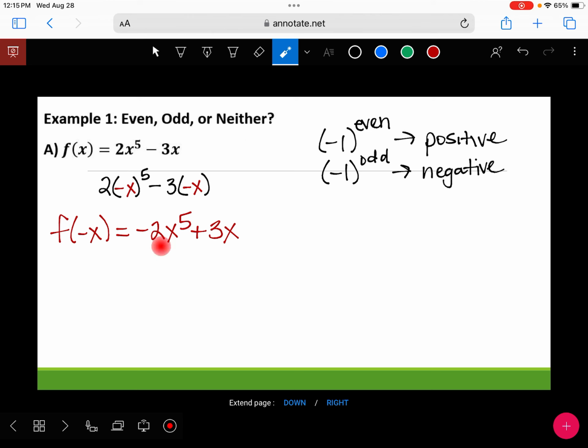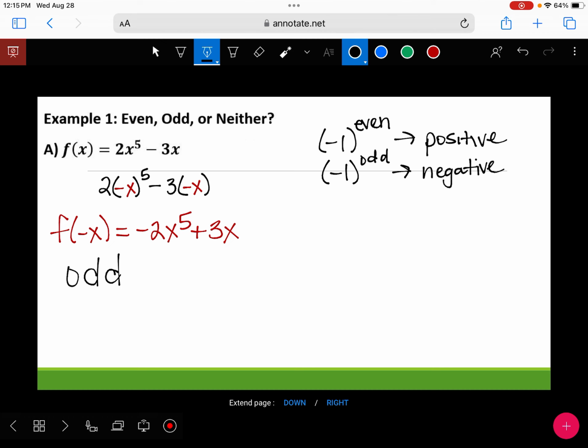Do you see how it's exactly the opposite? This positive 2 became negative and this negative 3 became positive. Because it's opposite, we know that it's odd. Think opposite, odd, OO. So that's an odd function, which has symmetry with the origin.